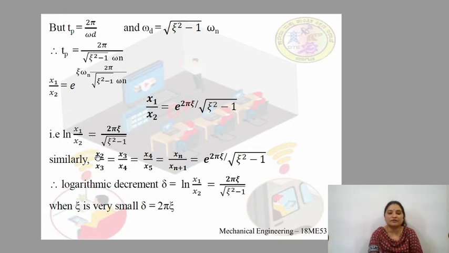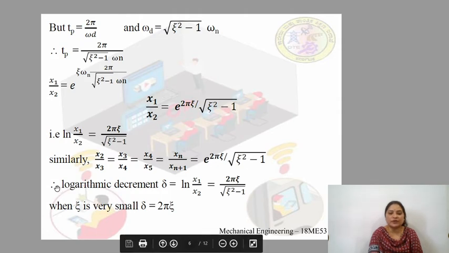Similarly, we can write for x2 by x3, x3 by x4, or x4 by x5, and so on up to xn divided by xn plus 1, which is e to the power of 2 pi zeta divided by square root of 1 minus zeta square. This equation holds good for any two successive amplitudes.